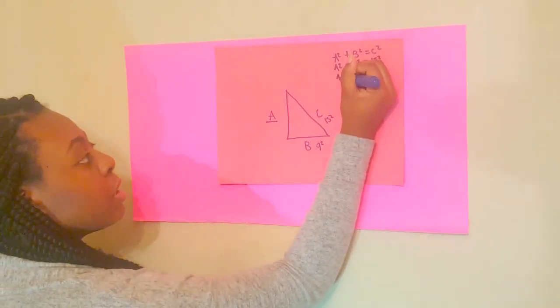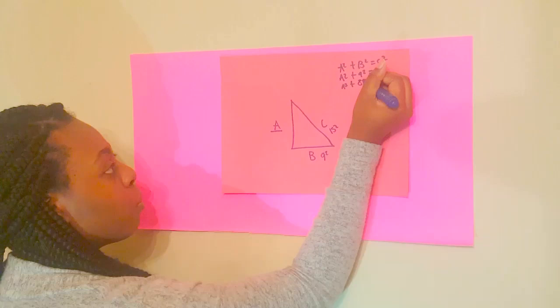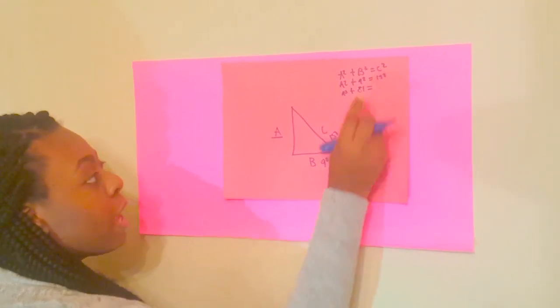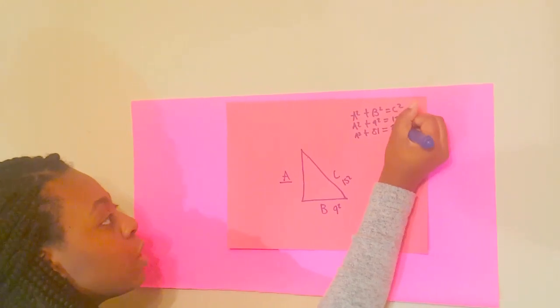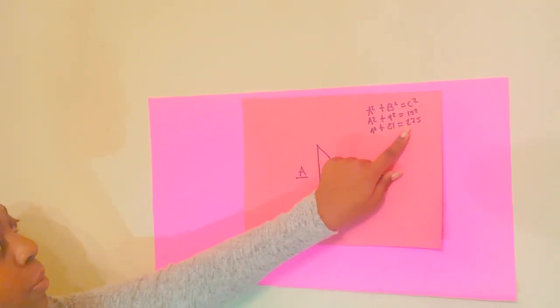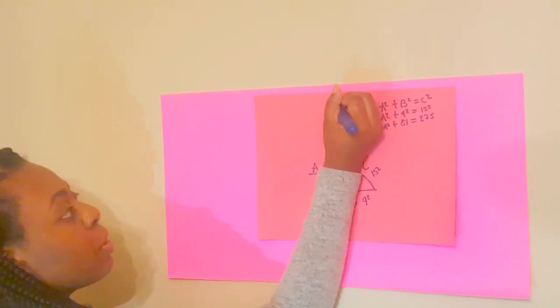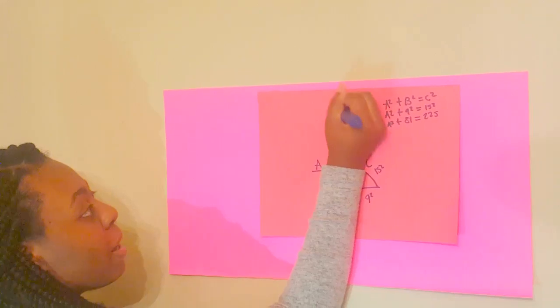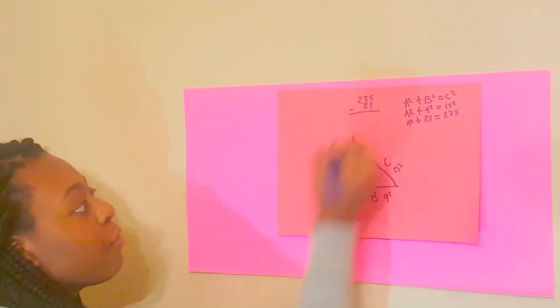So A squared again plus 9 times 9 equals 81. And then we do 15 times 15, and that equals 225. Now to find A squared, we would do 225 minus 81. So we can do that right here, 225 minus 81. And that gives us 144.